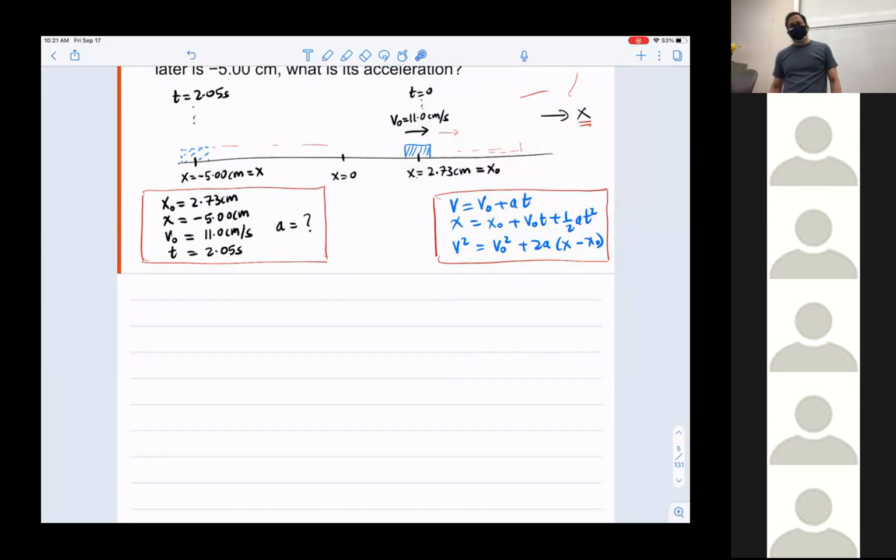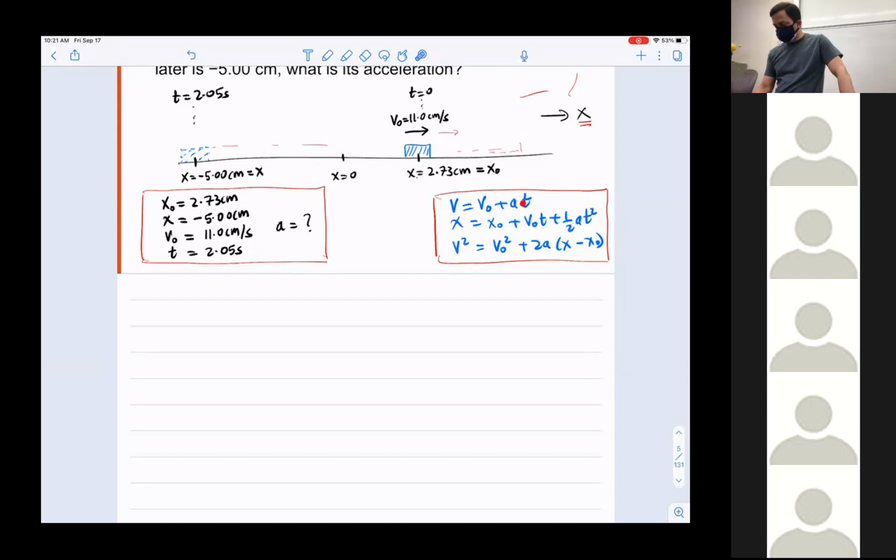Take a moment, think about it, and yell out an answer if you think it is possible for me to use this equation, the very first one, v equals v naught plus at, to solve for a. Say that again? Exactly. So that's correct. We can't use this first equation directly because in order for me to solve for a, I need to know all these other three variables.